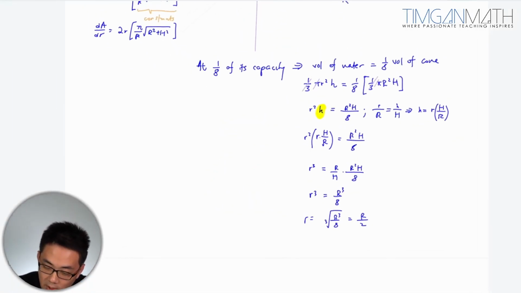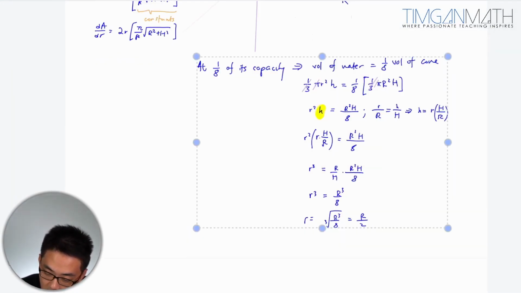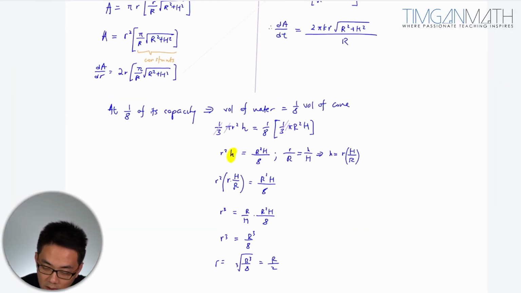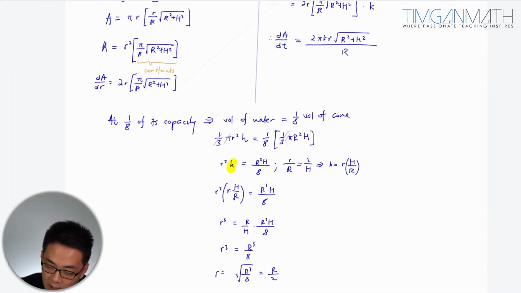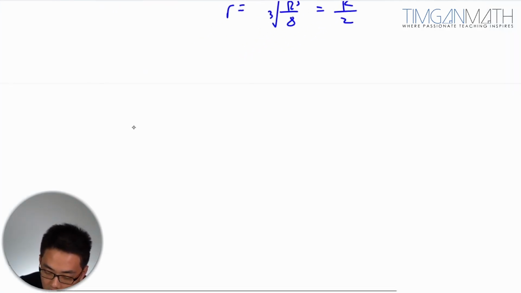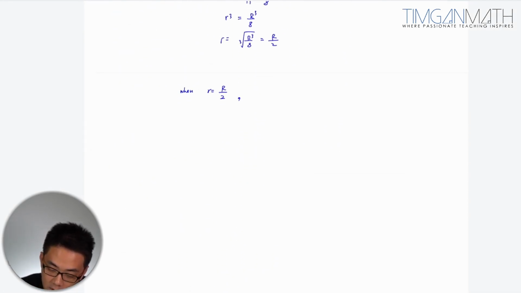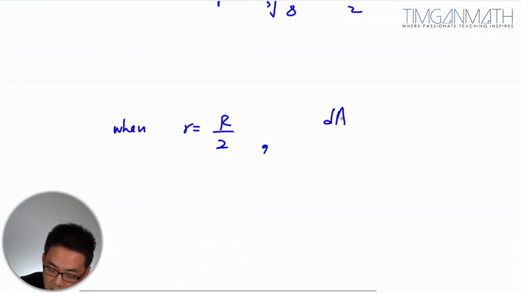Okay. So at this juncture, you know that small r is equal to capital R over 2. So when r equals R over 2, we want to find out what dA/dt is. So I'm just going to copy that dA/dt at the boundary condition when r equals R over 2.